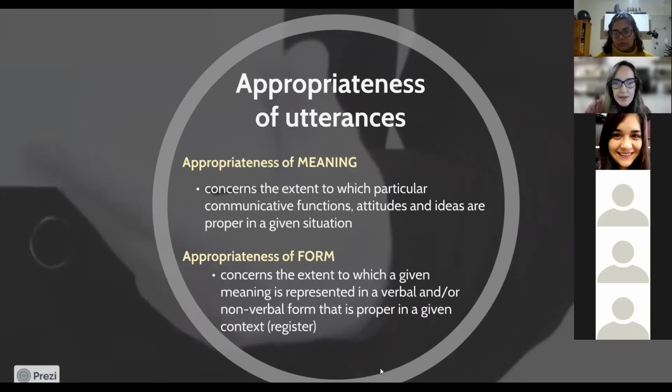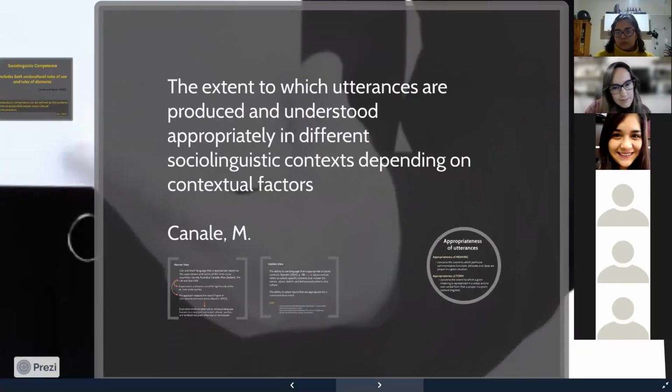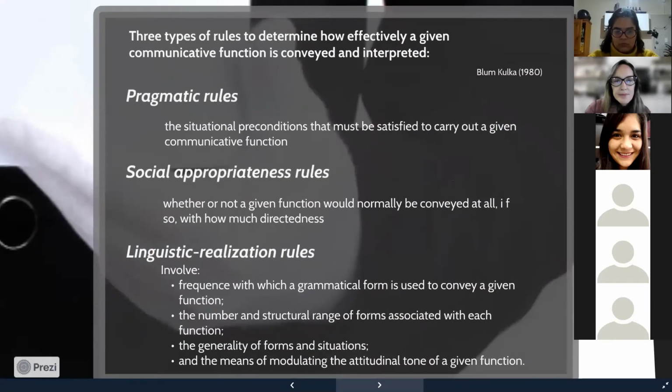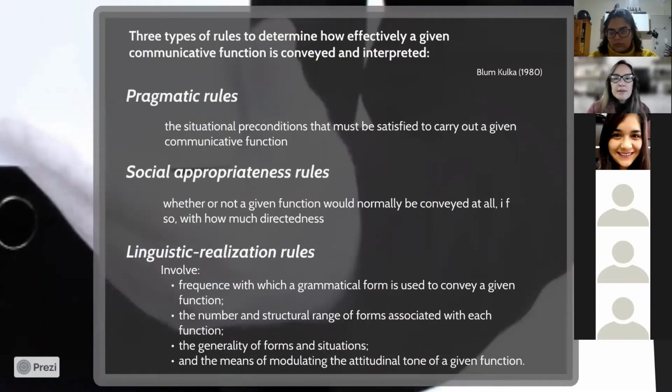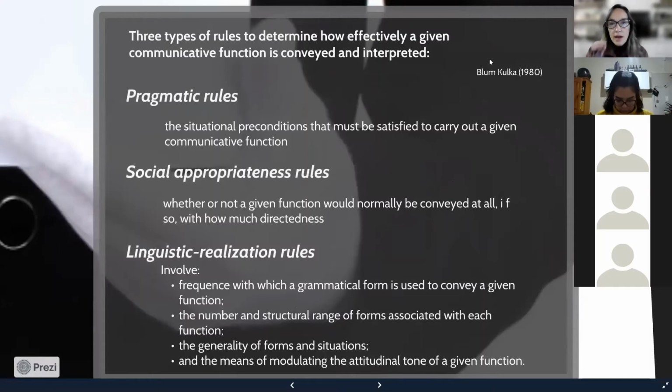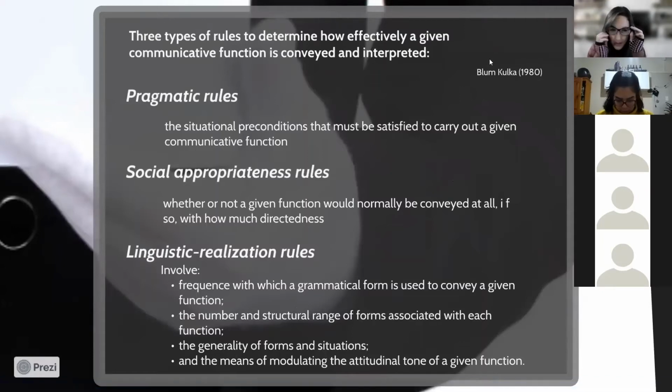Okay. So let's continue. Now we are going to see some rules that we need to take into account to consider how effectively a given communicative function is conveyed and interpreted, right?